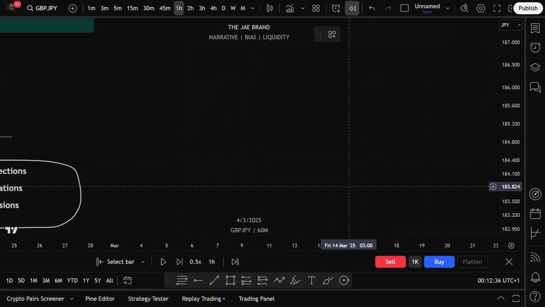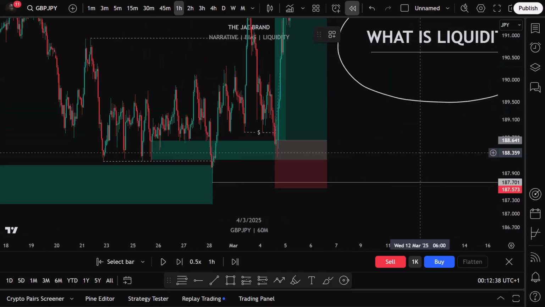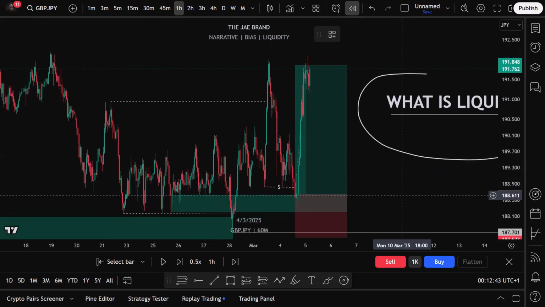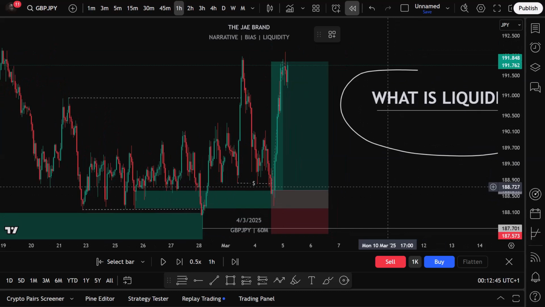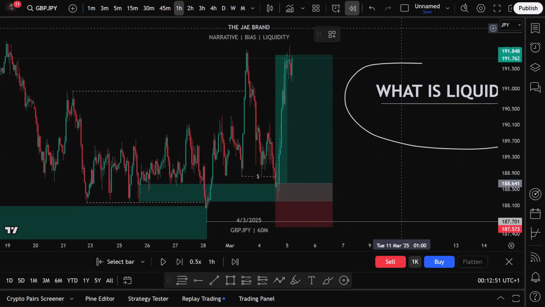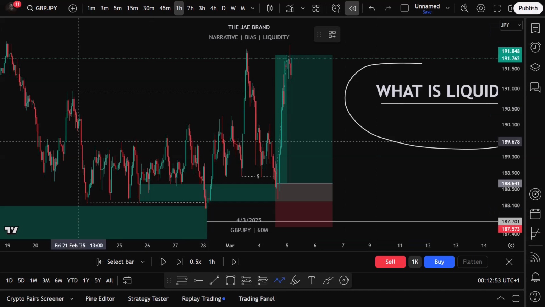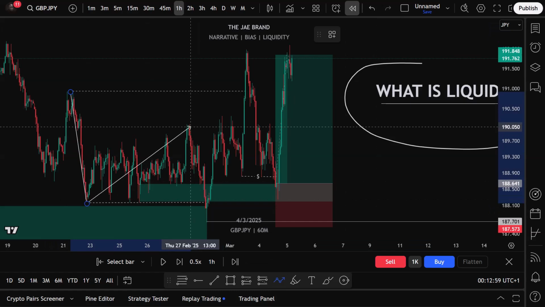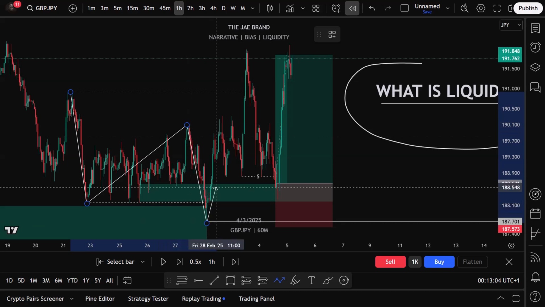Let's head to the chart and take some examples. This is one of the opportunities I had on GBP JPY a couple of weeks ago. Can we see that this is our swing structure, and this is the sweep of the previous low, and this is the break of the recent high.